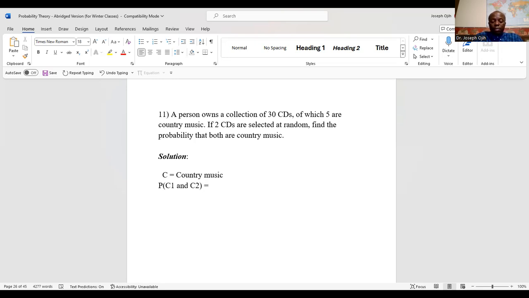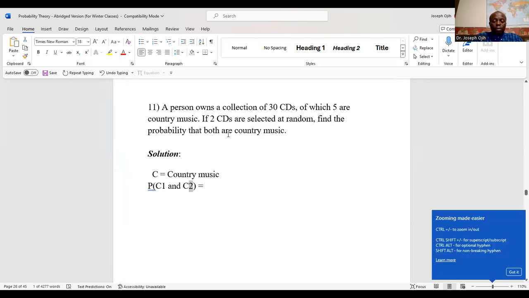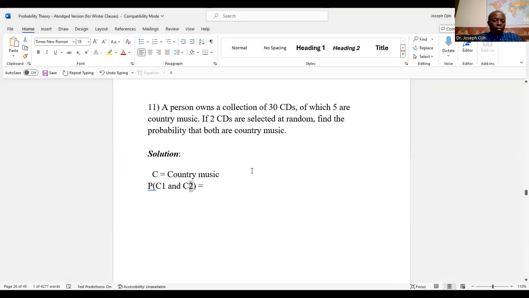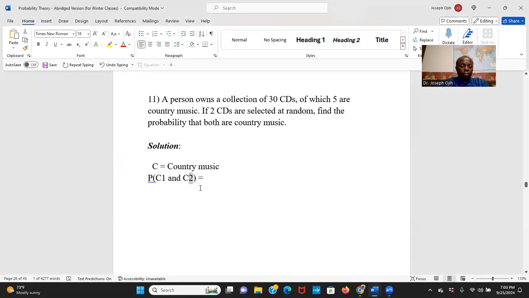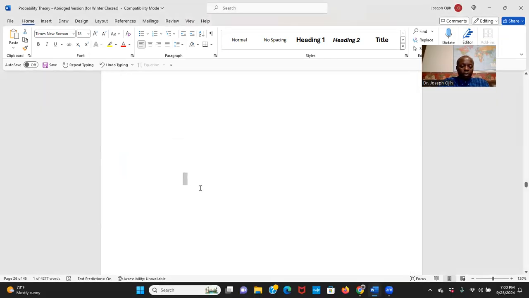That will be, let me adjust this. Excuse me. Let me see, make sure you're seeing this. Okay, country music. Let me adjust this.